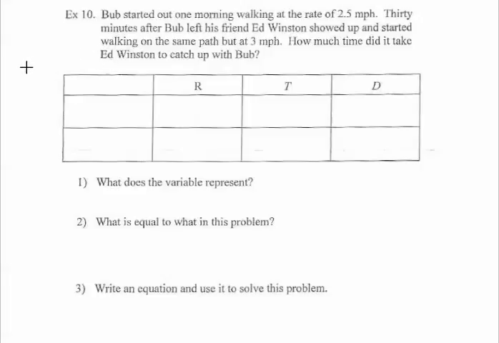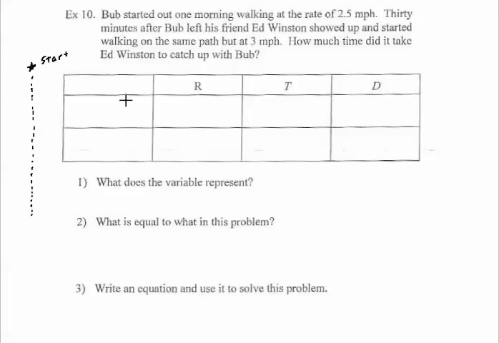so here I am going to draw a star, and this is basically the starting point. And these two guys are walking along a trail, and I'm just going to write that with a dotted line, and we're not worried about where this trail ends.